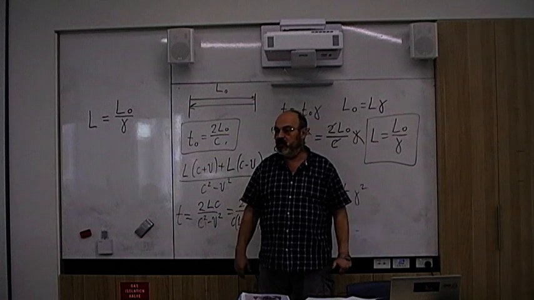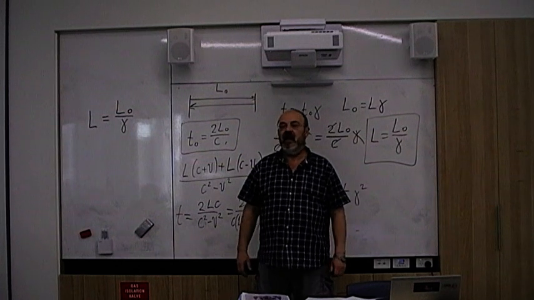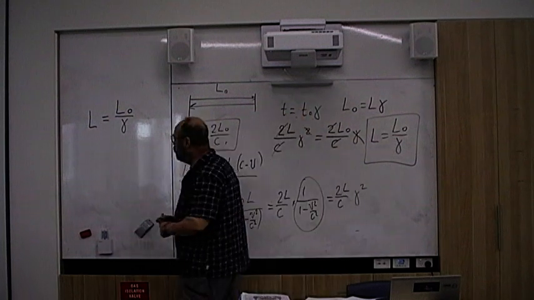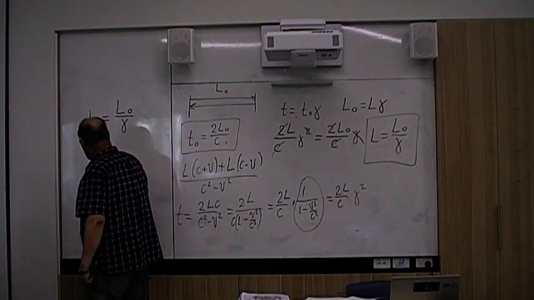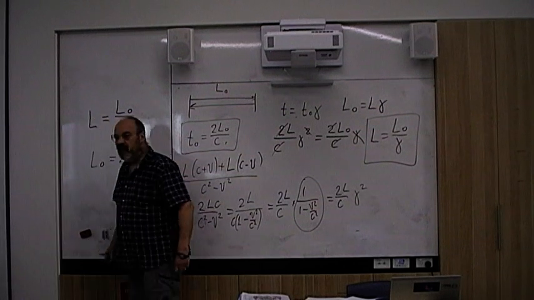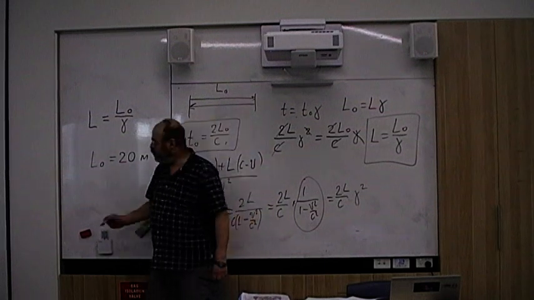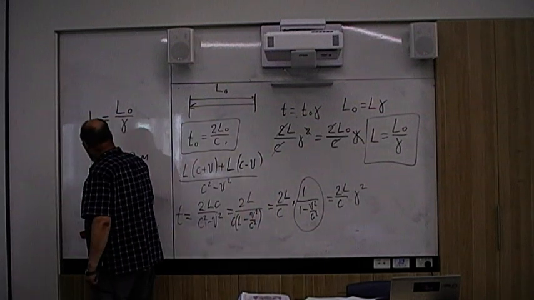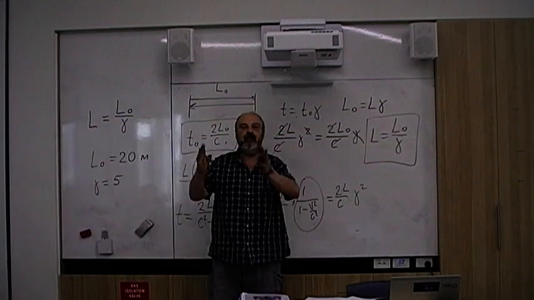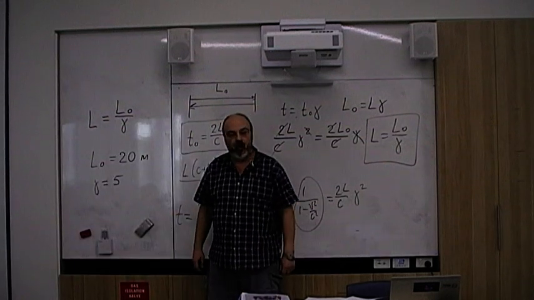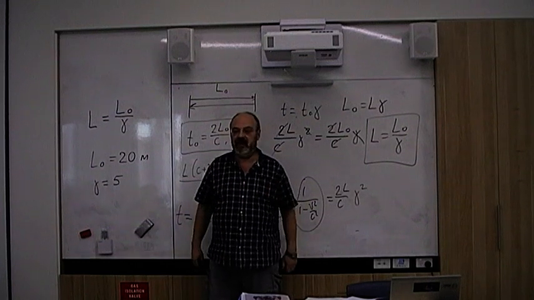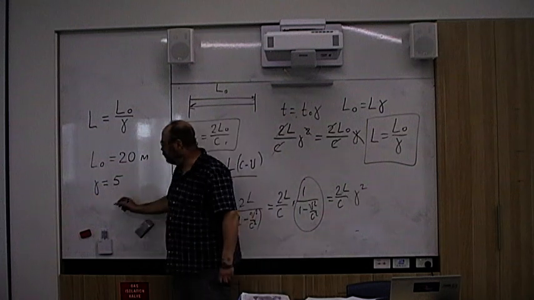For example, you are inside the spaceship and you measure that it is 20 meters long. You're moving with a speed such that gamma equals 5, let's say. And your friend observing your spaceship, how long will your friend measure your ship when it's passing by? 4 meters.